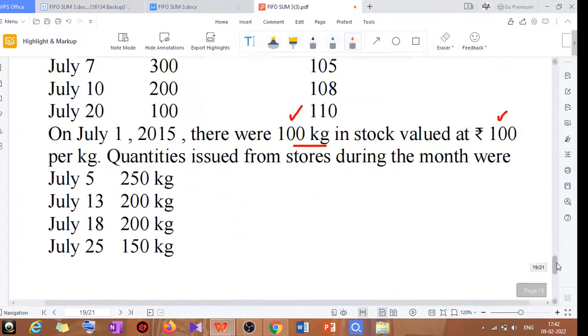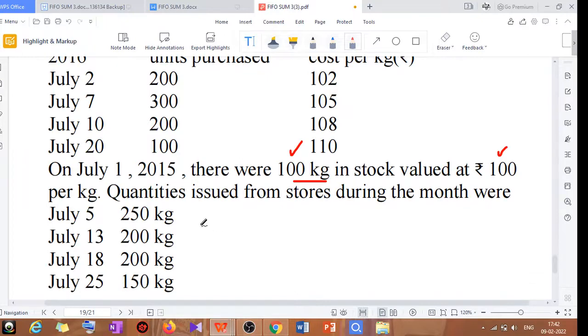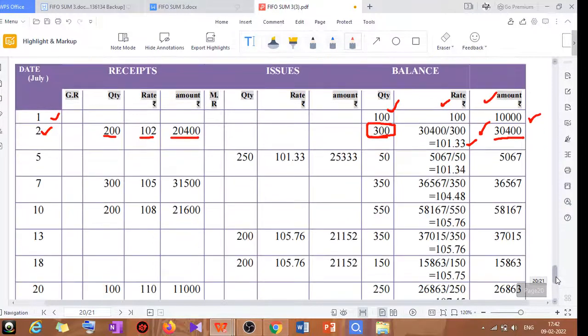Then after the second transaction, on 5th there is an issue of 250 kg. So write it under the issue column. Now what about the price? You have already calculated the weighted average right here, so you have to take that price, that is 101.33.